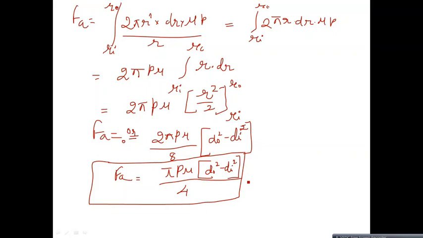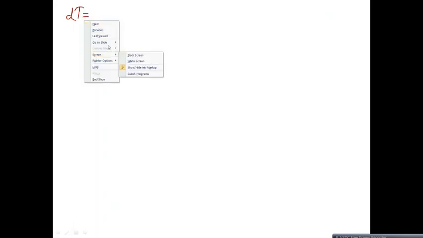Which equation yields pi p mu dO square minus di square all divided by 4. So now these equations are required for calculations to engage and disengage the clutch.